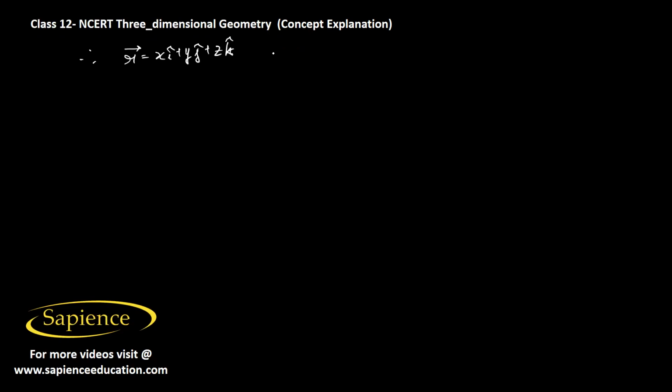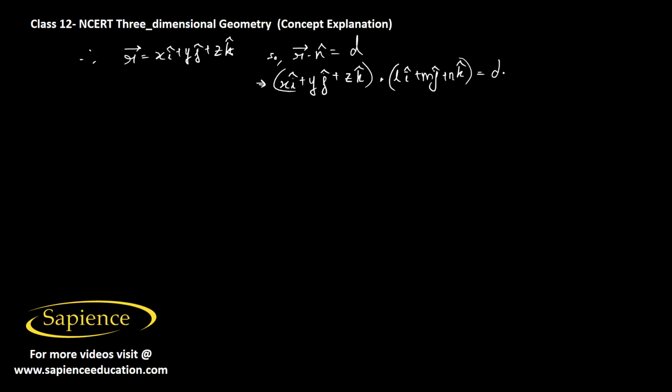So we can write r vector dot n cap equal to d. That is, x i cap plus y j cap plus z k cap, dot product with n cap, which is l i cap plus m j cap plus n k cap, should be equal to d. If we take the scalar or dot product of this vector with this vector, we will get lx plus my plus nz equal to d.